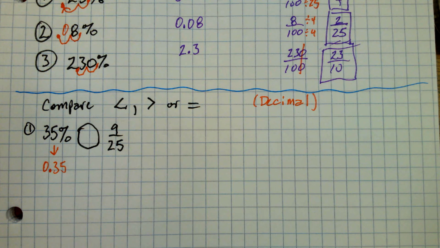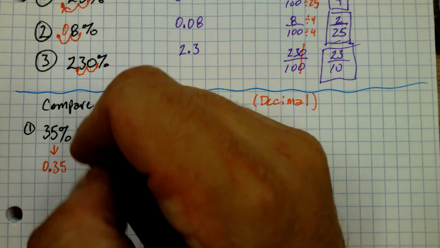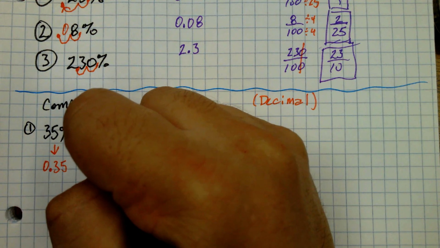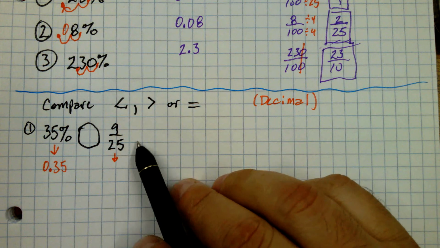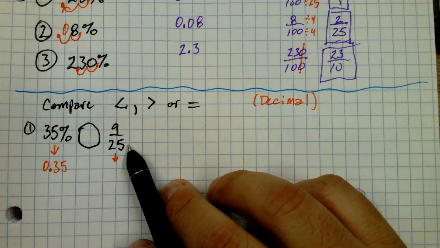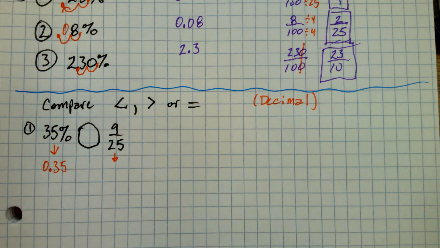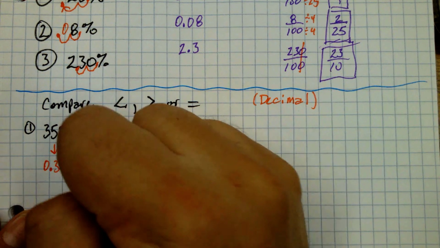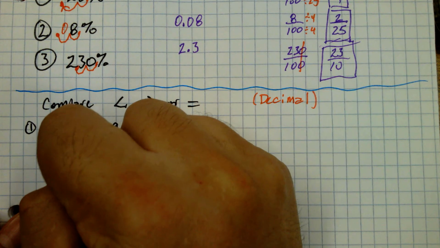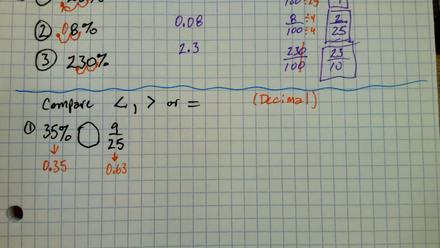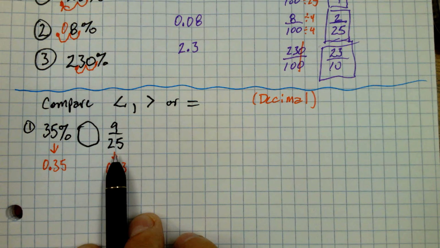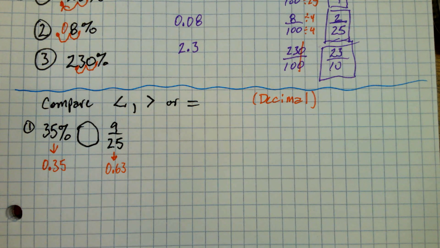It becomes 0.36. How'd you do that? I just multiplied it by 4. Yeah, multiplying by 4. So one method is multiplying by 4. The other method is 9 divided by 25. Either way, you get 0.36. And now it's quite obvious that 9/25 is greater than 35%.